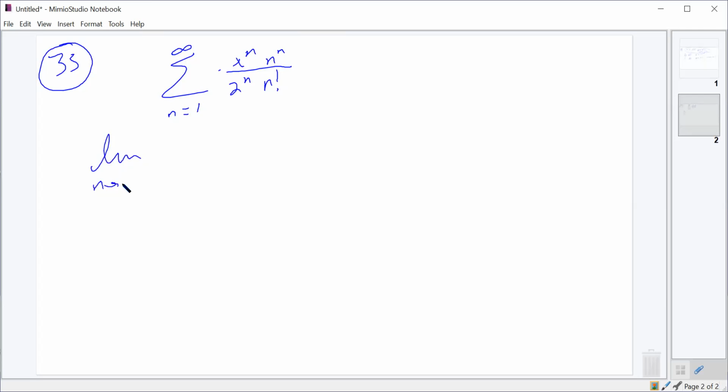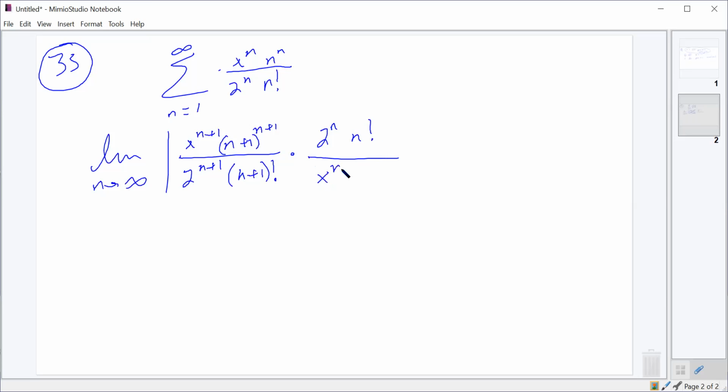So we'll do the limit as n approaches infinity of the absolute value of x to the n plus 1, n plus 1 to the n plus 1, over 2 to the n plus 1 and n plus 1 factorial, times 2 to the n n factorial over x to the n, n to the n. Then we'll simplify as much of this as we can.